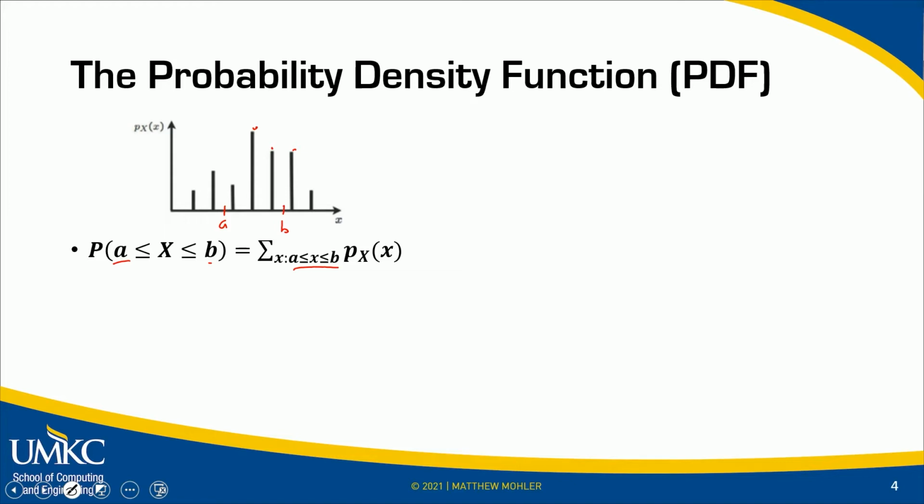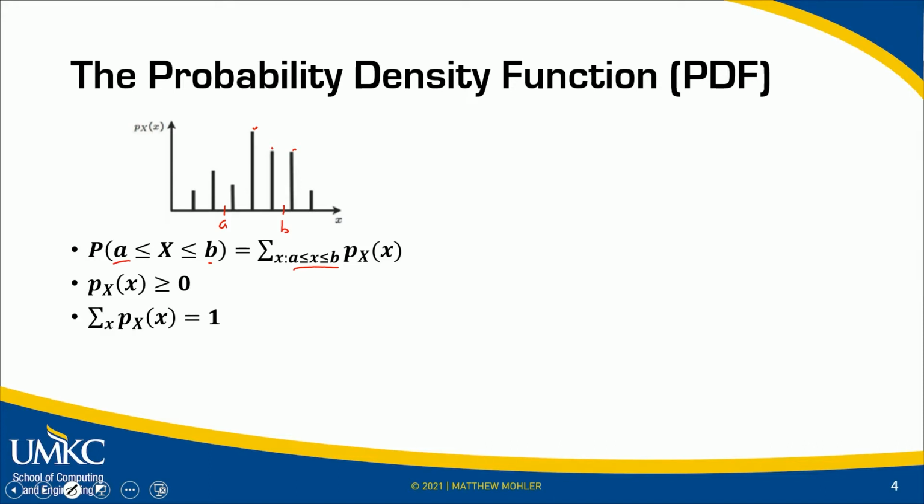Now, we had some definitions, for lack of a better term, or some common threads that we looked at for PMFs, and that was that the PMF of x for any given little x, any possible value that random variable x can hold, must be greater than or equal to 0. We said we couldn't have any negative probabilities for a given outcome or a given specific value of our random variable x.